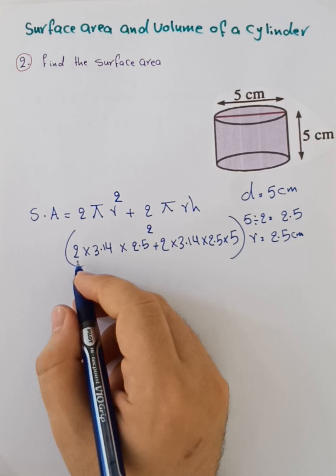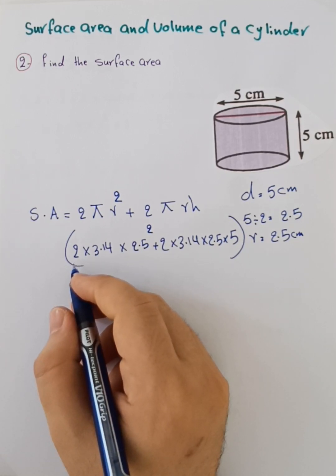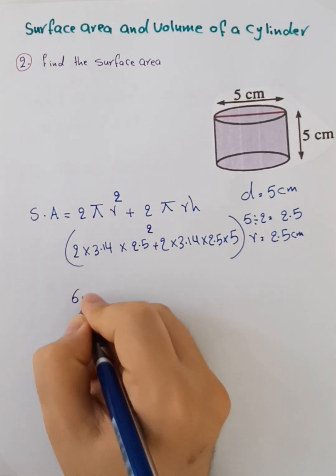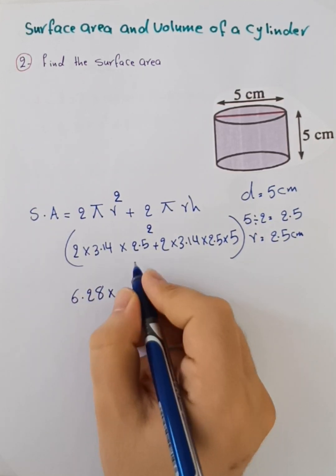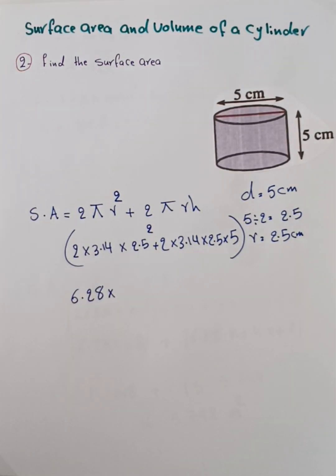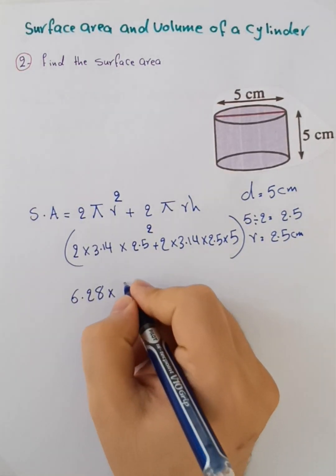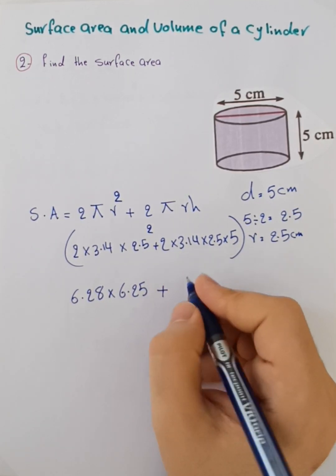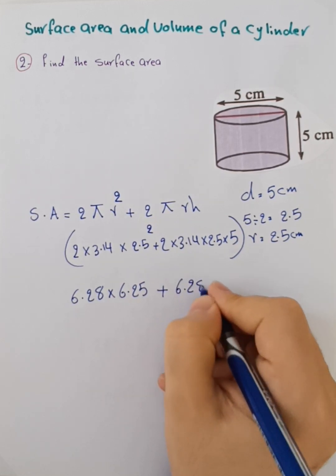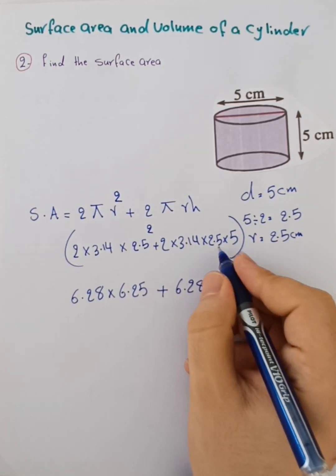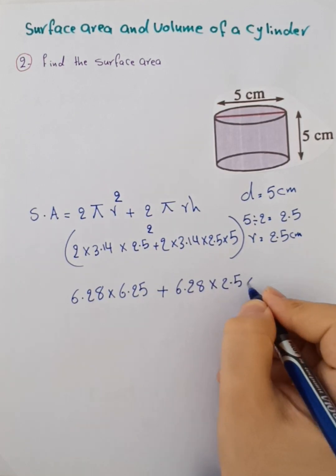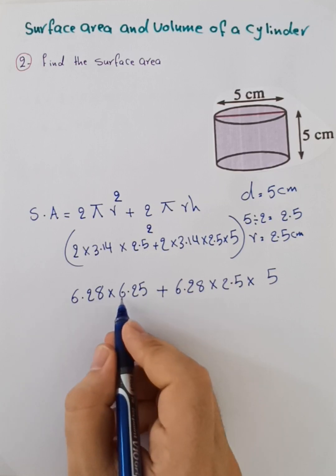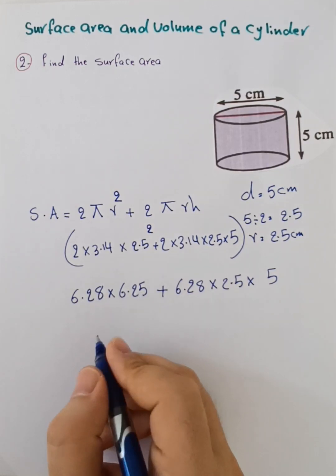After that, we can multiply the numbers at the left side. 2 times 3.14 equals 6.28 multiplied by 2.5 squared, which equals 6.25, plus 2 times 3.14 equals 6.28 multiplied by 2.5 multiplied by 5.